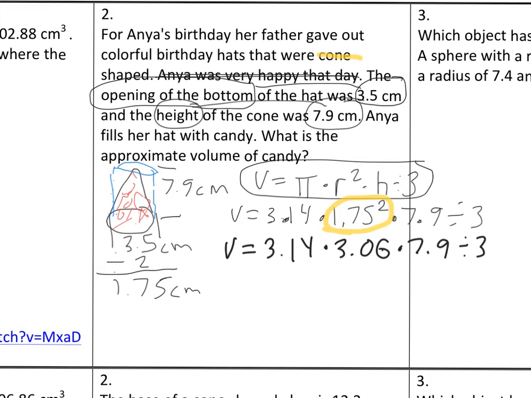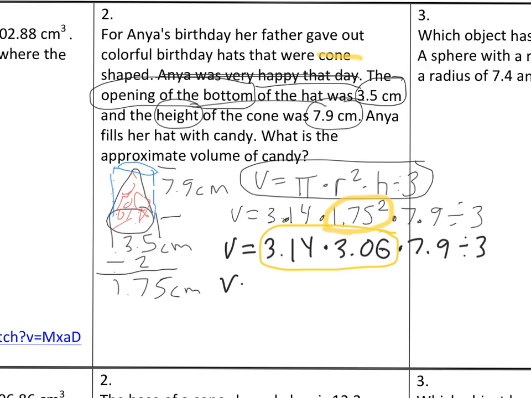Notice that we all have multiply, multiply, and divide. Order of operations says let's go from left to right. So what I want to do next is in the calculator, we're going to do 3.14 times 3.06. So do one part at a time to avoid mistakes.